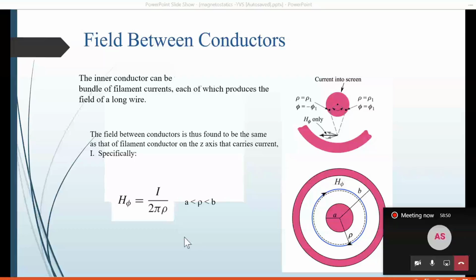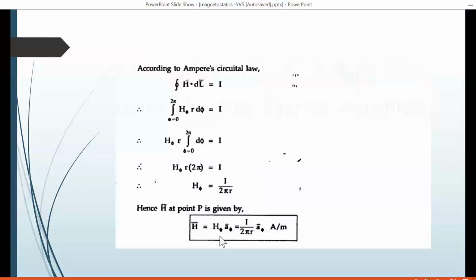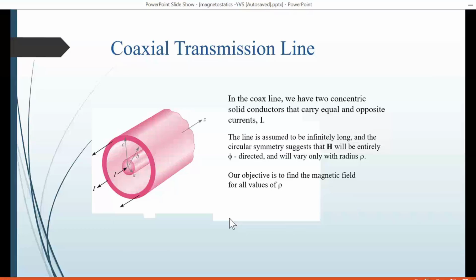We have already seen that in such a case H phi is equal to I upon 2 pi r. This path completely encloses the current carrying filament, so Ampere's law is easily applicable.